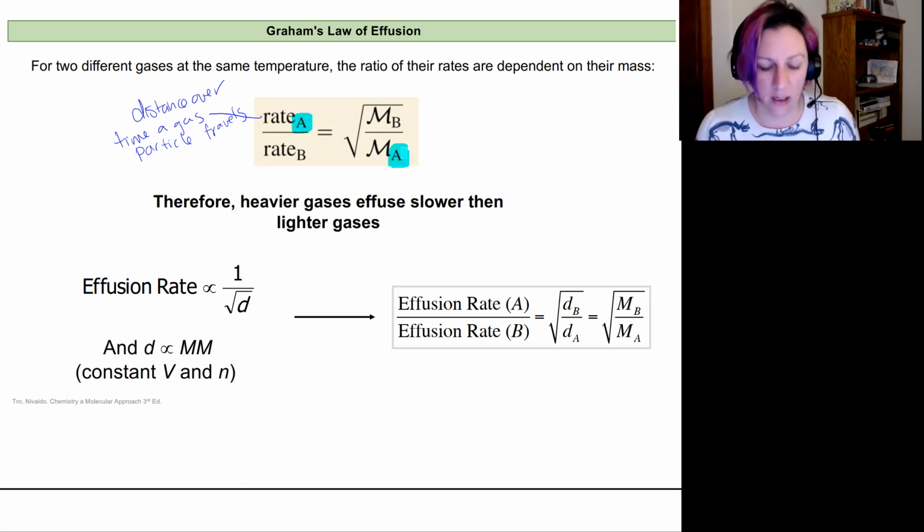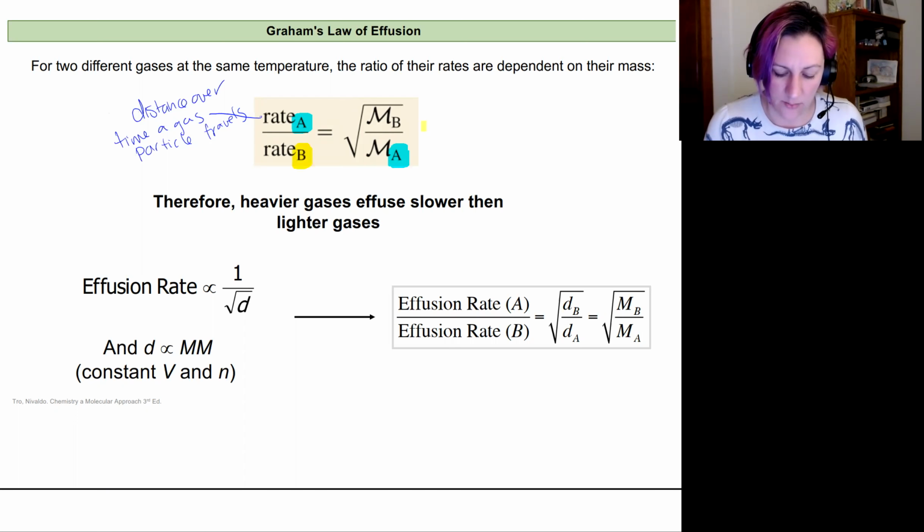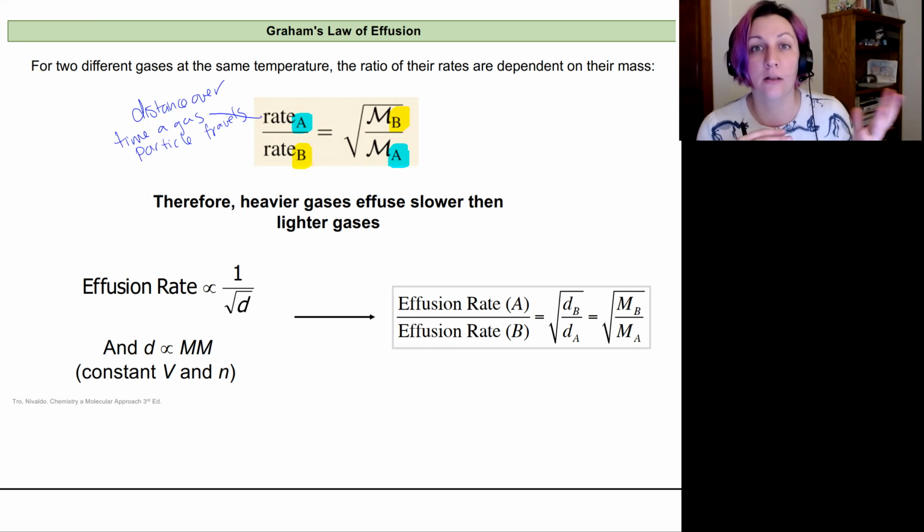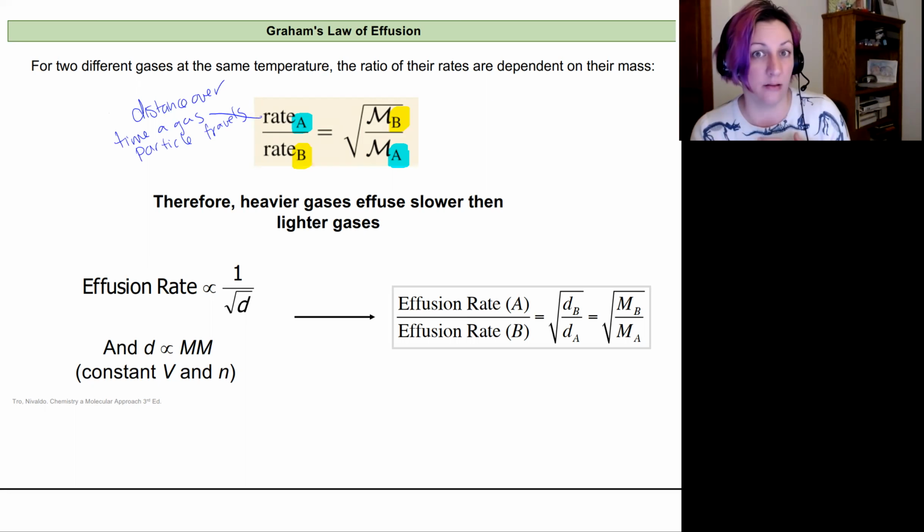And so when we compare these, we can combine this proportion into an equality. And so we can calculate how much faster one particle is going to be than another type of particle in the gas state, by using the square root of its molar mass in kilograms divided by the molar mass in kilograms of the other one.